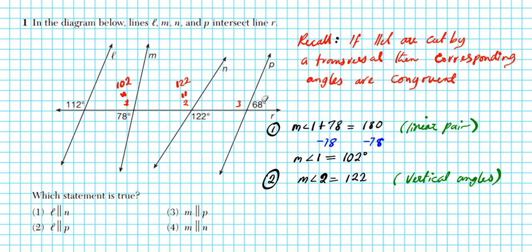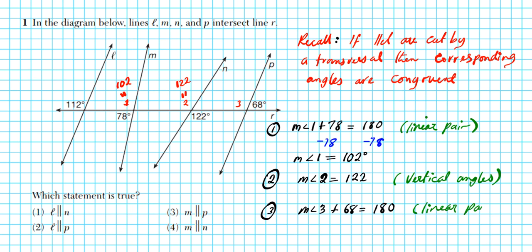Angle 3 forms a linear pair with 68 degrees. So let's figure out what the measure of angle 3 is. Measure of angle 3 plus 68 degrees is equal to what? 180 degrees according to the linear pair postulate, just like angle 1, just that the configuration is horizontal here as opposed to vertical in angle 1.